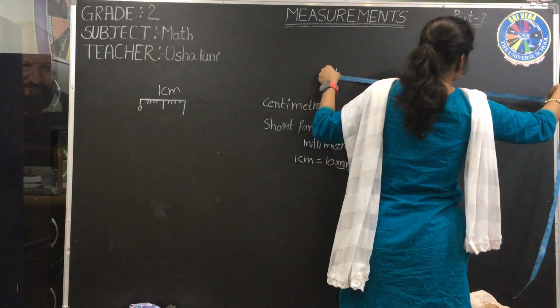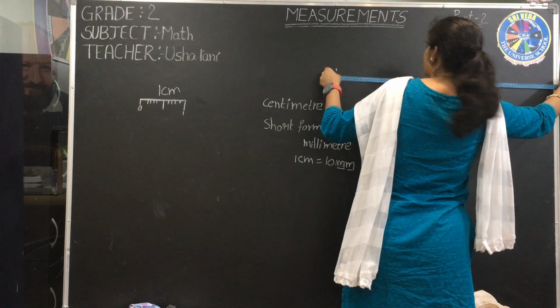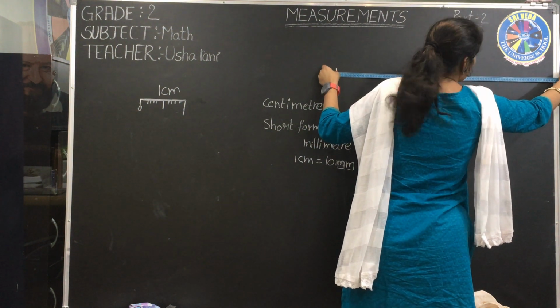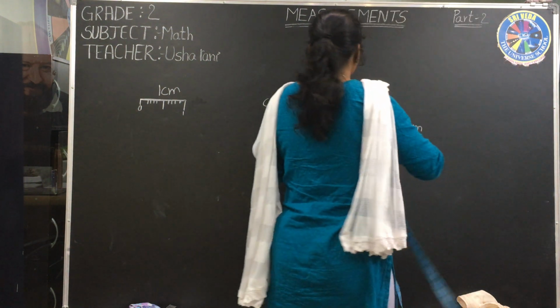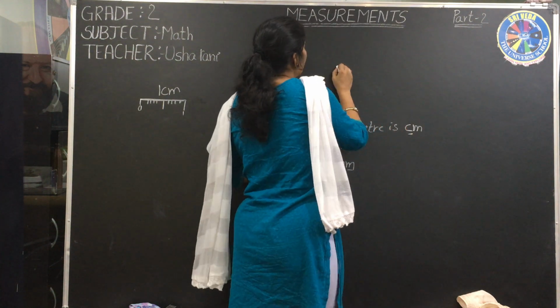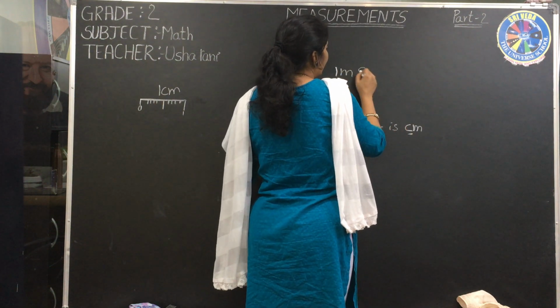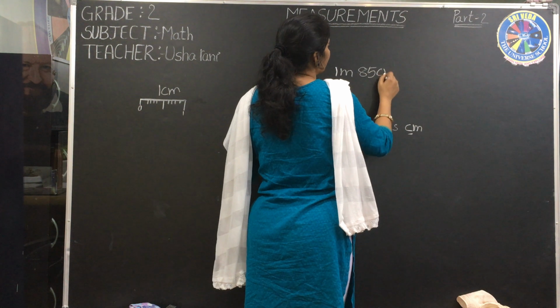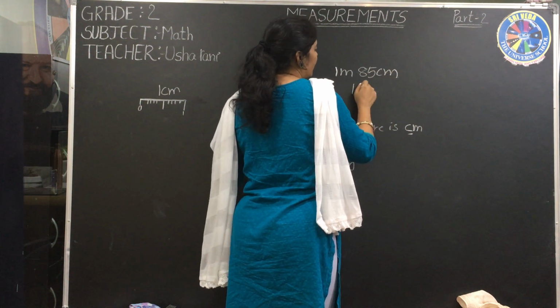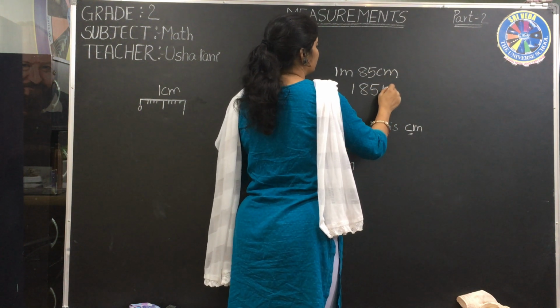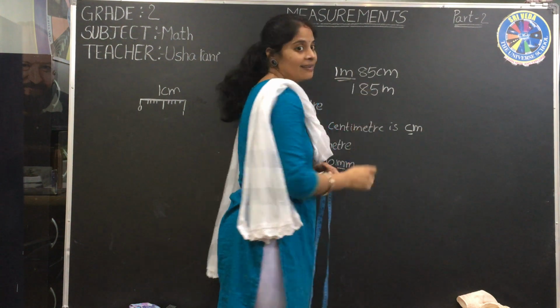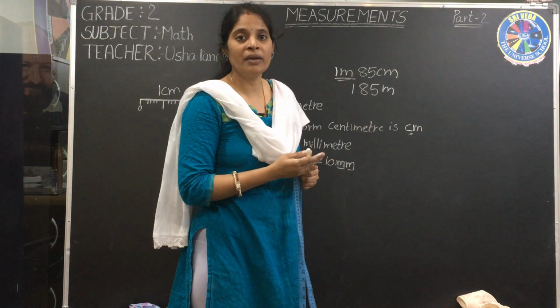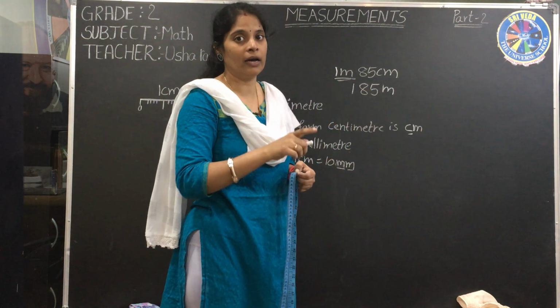Coming here to here is 85. That means 1 meter 85 centimeters. You should not write 185 meters. 100 centimeters equals 1 meter.